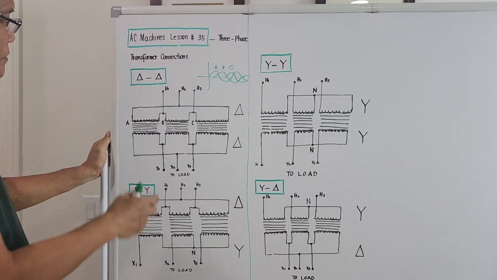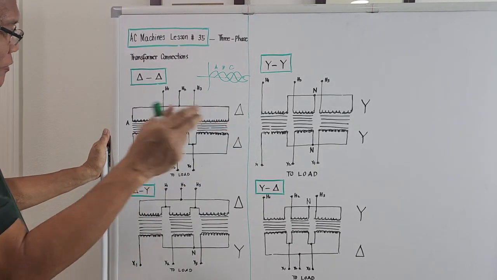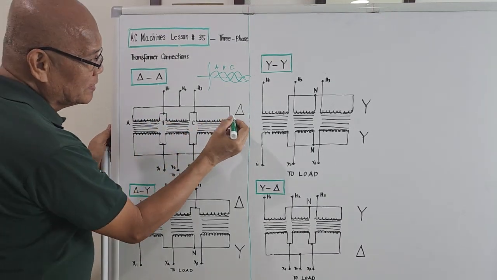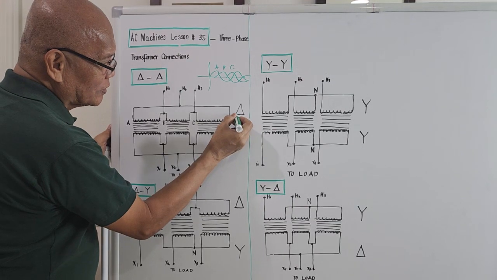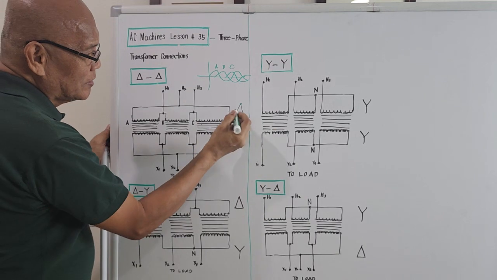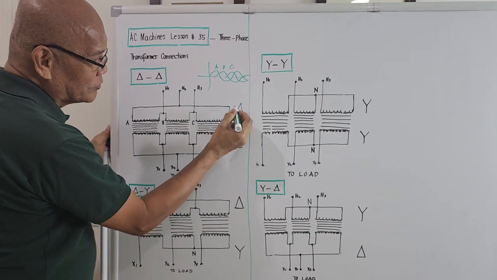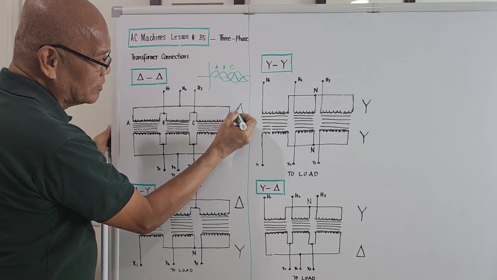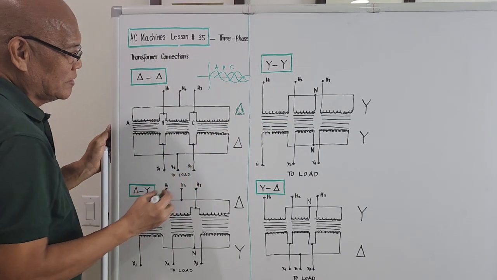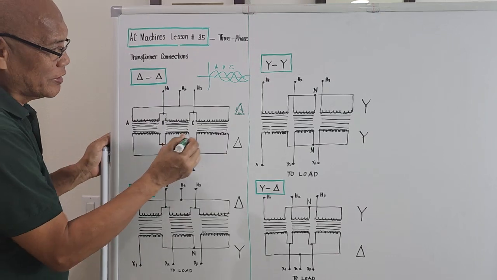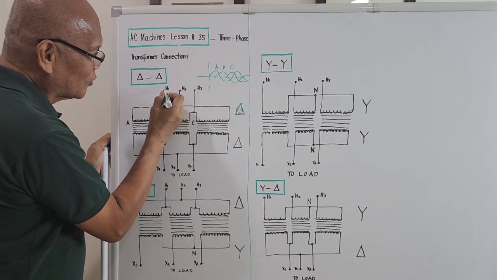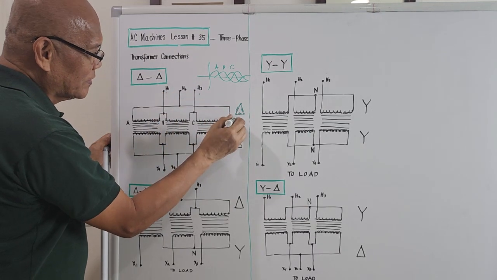What's next? For it to be connected delta, it is something like this, delta. We got 3 points on the delta, right? In between 2 points, there is a winding. Every joint point here represents one terminal on the primary, right?